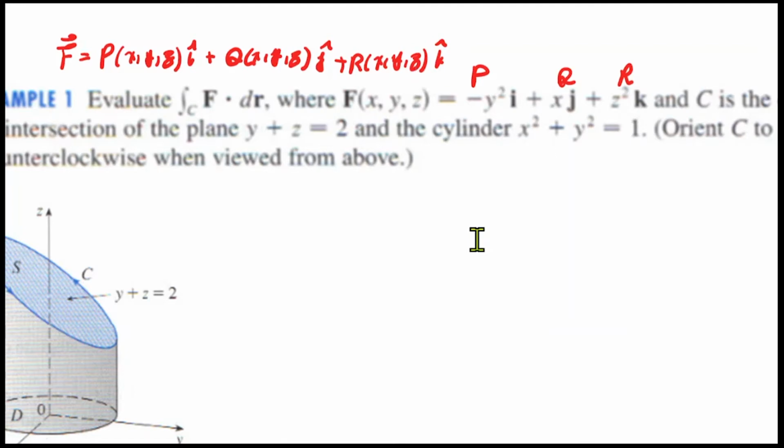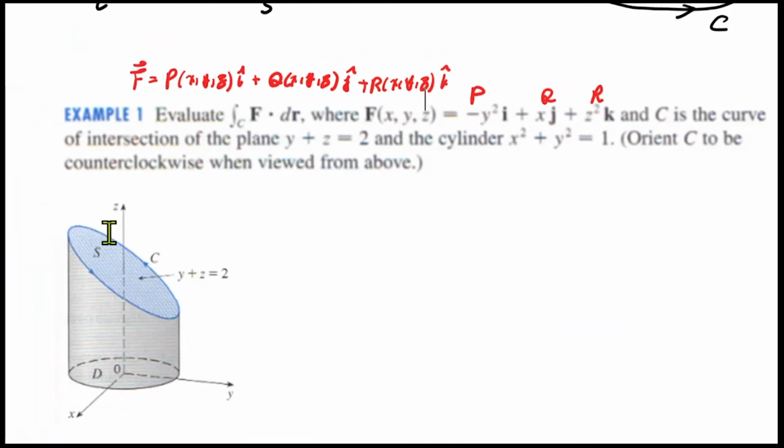Okay, and then they say C is this curve right here, and our S is that thingy right there. Okay, which is the intersection of this plane and the cylinder right there. Okay, and we have to evaluate this using Stokes' theorem, but I'm going to evaluate it both ways.